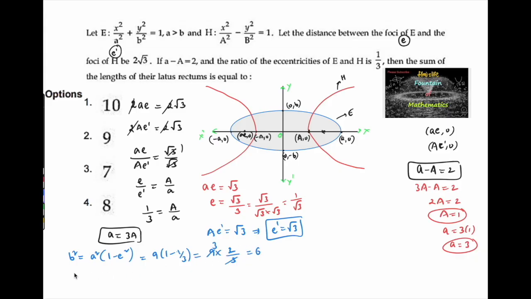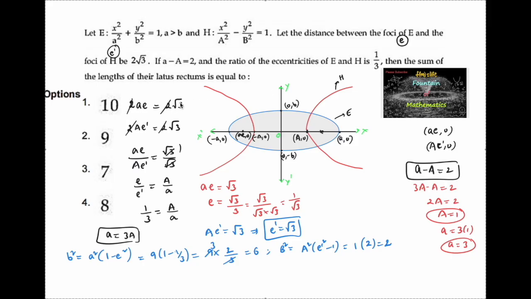So b square value is 6, and capital B square is equal to capital A square of E dash square minus 1, that is 1 square times root 3 whole square is 3 minus 1, that is 2. So capital B square is 2.